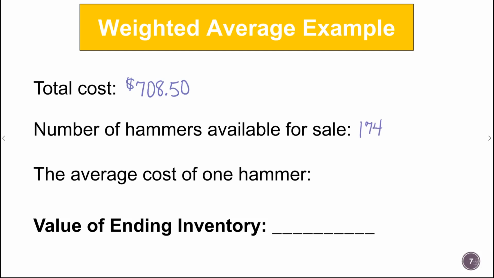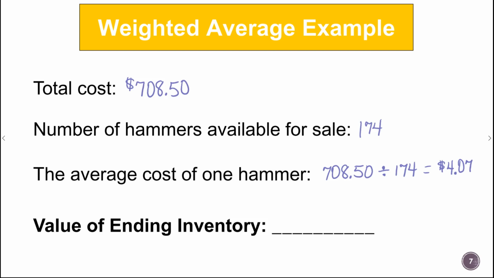And so the average cost of one hammer would be the cost divided by the number of hammers, right? Cost per hammer: $708.50 divided by 174. And you have to be sure and round this, and don't leave it on your calculator. Enter it back in so that you actually know how much it was per hammer in dollars and cents. And it would be $4.07.